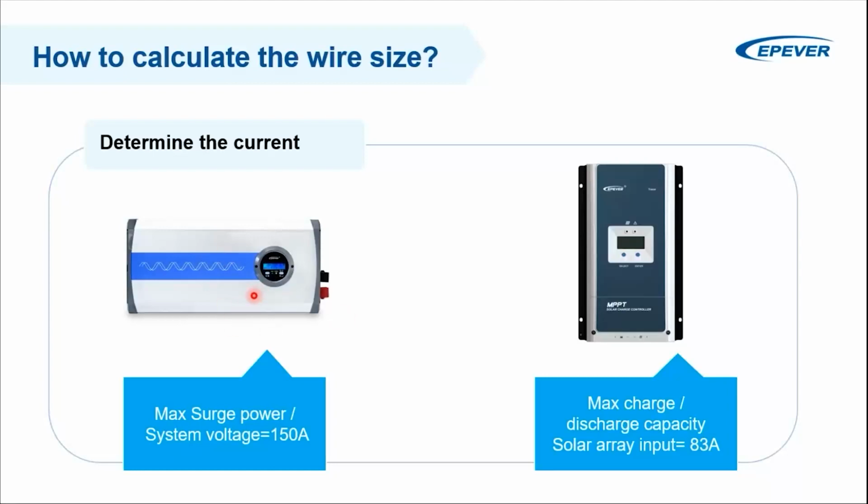It is meant to let specific loads like motors, which demand a high inrush current, start in your circuit. So you should account for that amount of current demanded from the inverter. Then you take the maximum surge power.